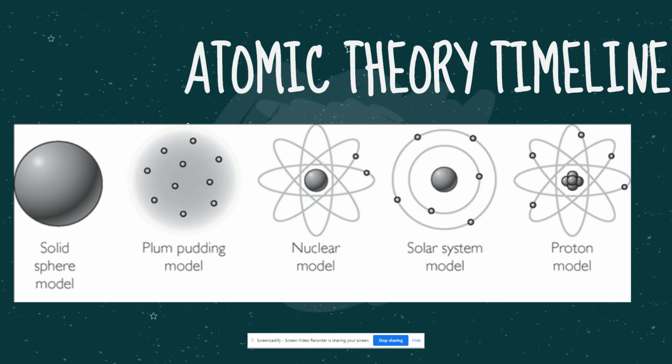Okay, so we're going to look at these pictures. We also have another one, which is called the electron cloud model. But these 5 are what we're really going to focus a lot of our time on. So we have the solid sphere model, the plum pudding model, the nuclear model, the solar system model, and the proton model. So something you want to do, make sure you mark these down in your notes.